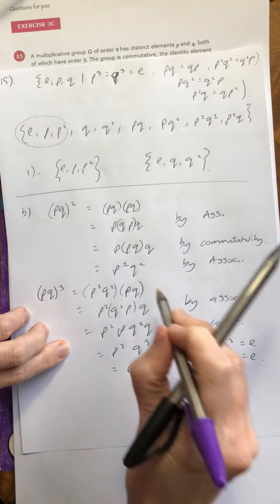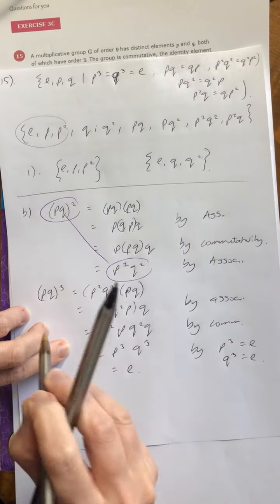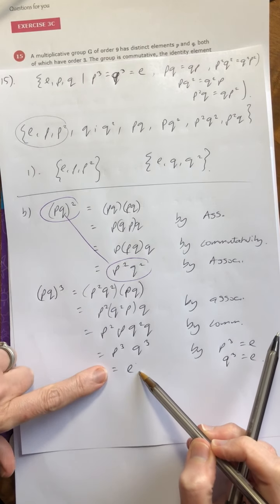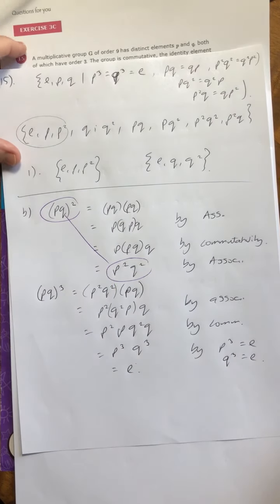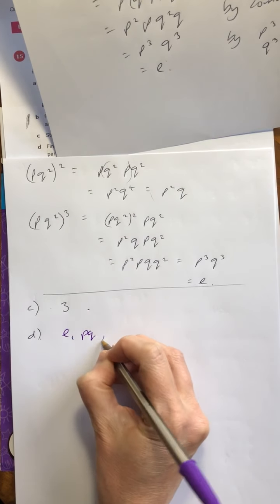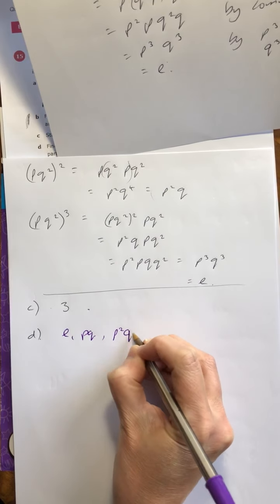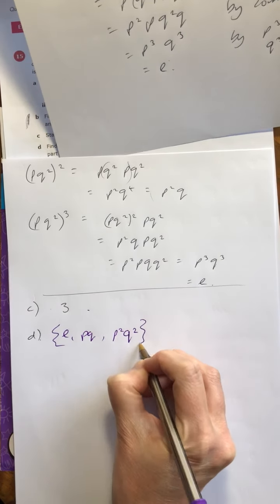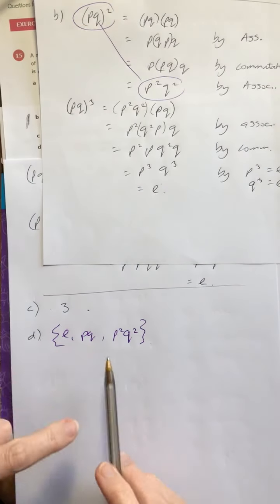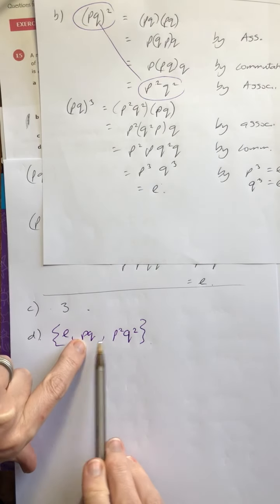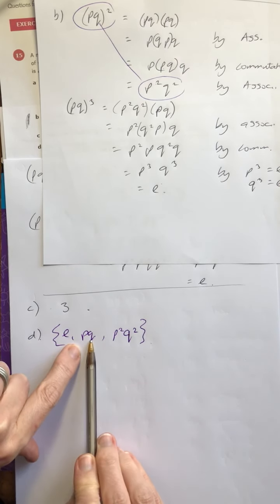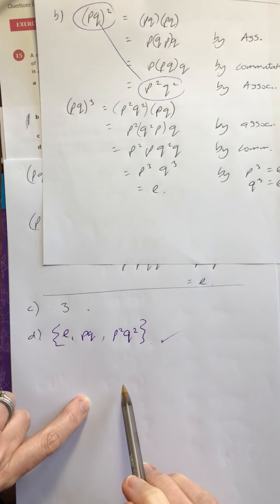If I were then to multiply these two together, of course, that gets me P cubed Q cubed, which is equal to E. It seems as if E, PQ, and P squared Q squared might well form a group. And I say might well, I mean, no, of course they do, because that times that gets me that, and that times that would get me P to the 4 Q to the 4, which is PQ. So there I've got one group.